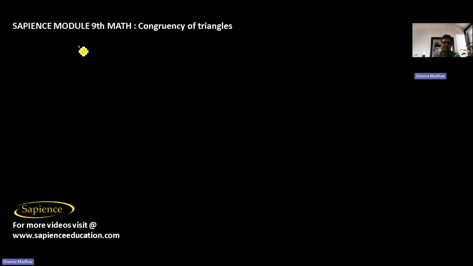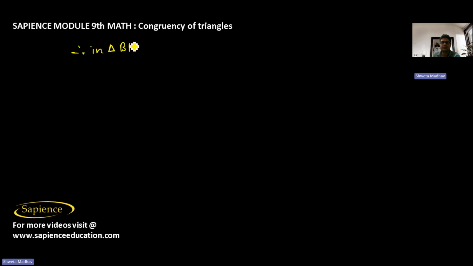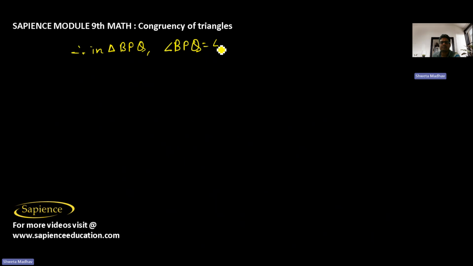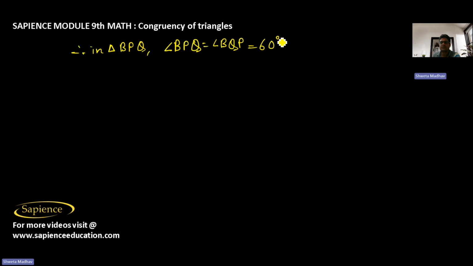So therefore, in triangle BPQ, angle BPQ is equal to angle BQP, which is equal to 60 degrees.